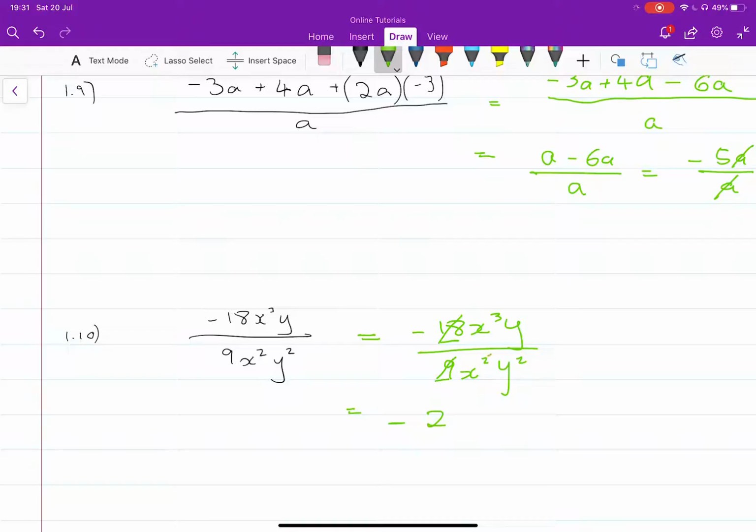The x squareds cancel, so we just have x to the power of 1. And this y cancels with one of these, so we have 1 over y to the 1, which is equal to minus 2x over y for our final answer.